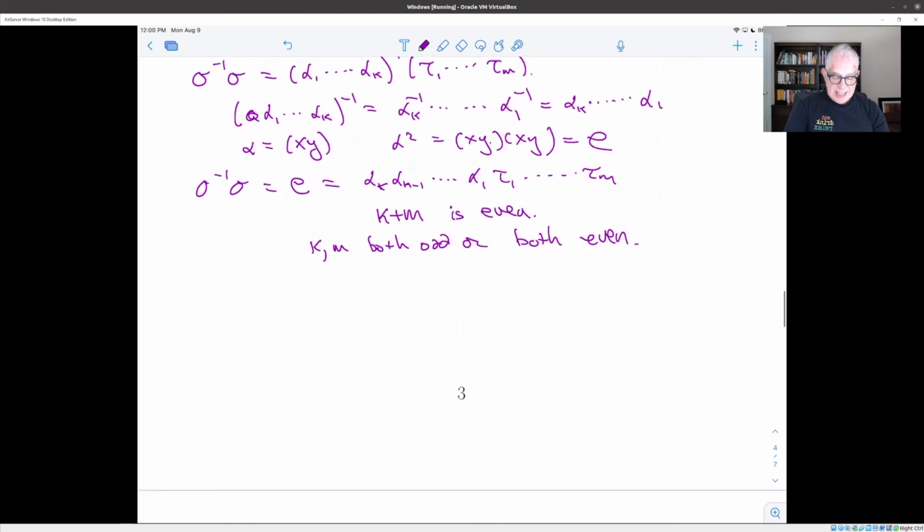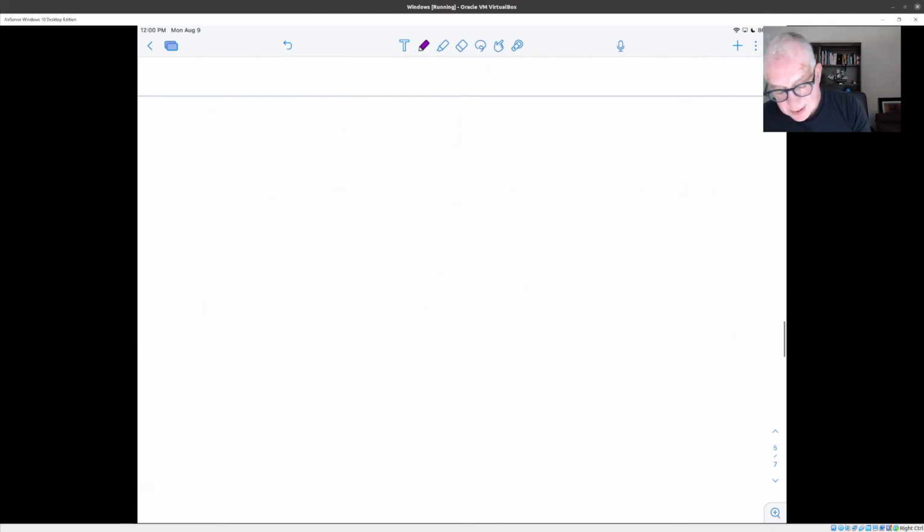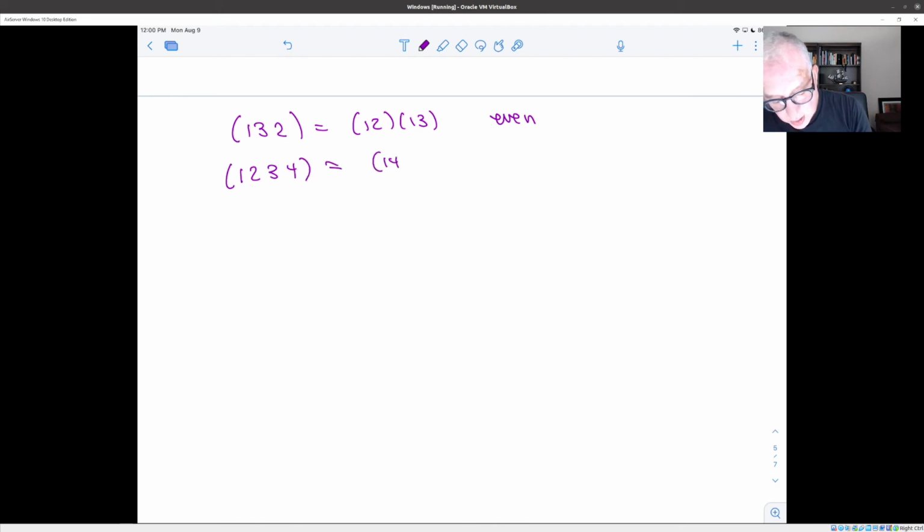Just to give a few examples here, if you look at cycles, like the cycle (1 3 2), we know that this is (1 2)(1 3), so it's even. But if you look at the cycle (1 2 3 4), which is (1 4)(1 3)(1 2), it's odd.